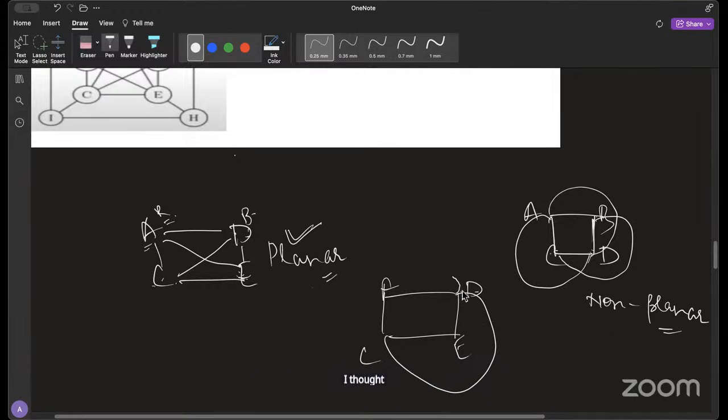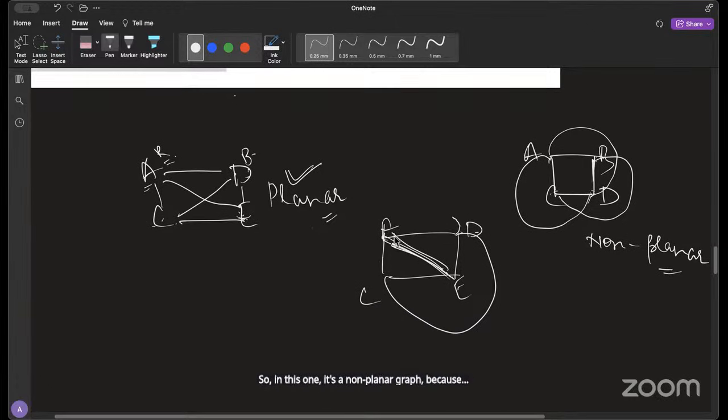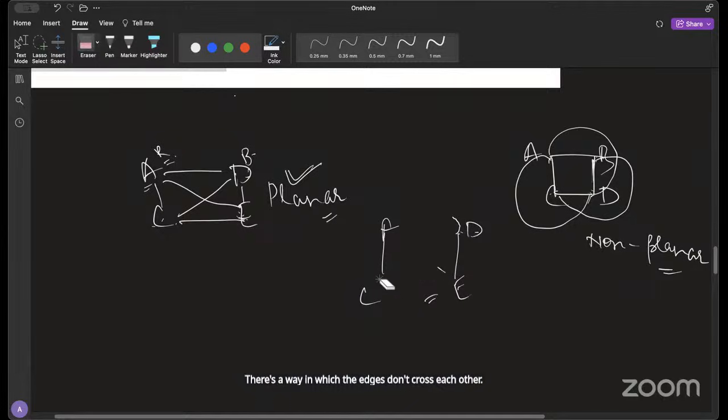AE you can take across in the middle. This you can take here, right? So in this one, it's a planar graph because there's a way in which the edges don't cross each other. That's why this is a planar graph.